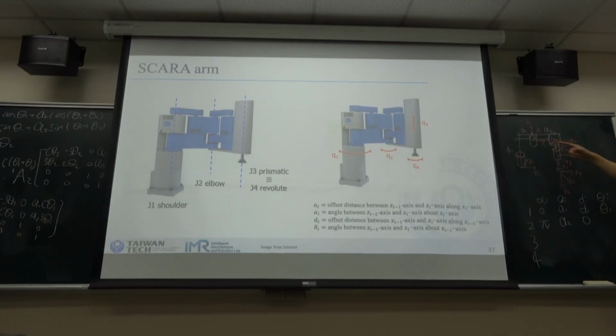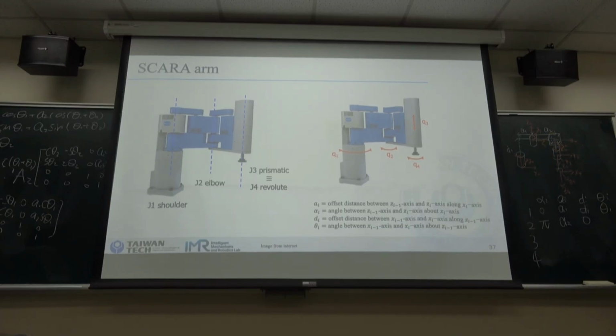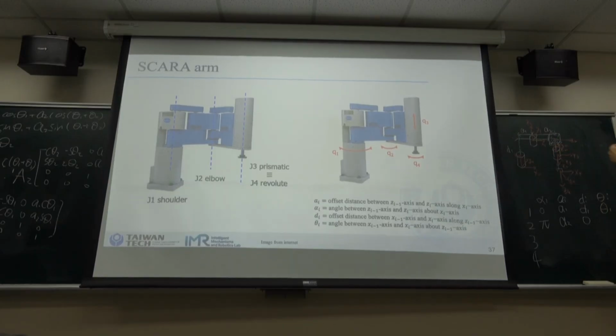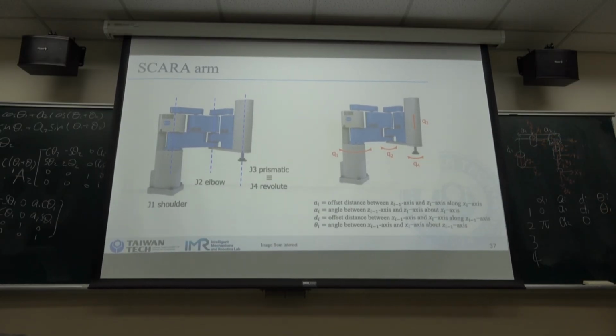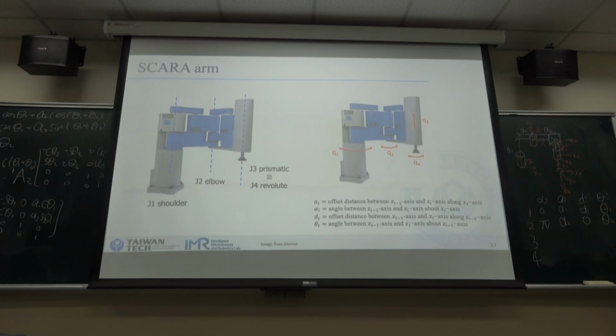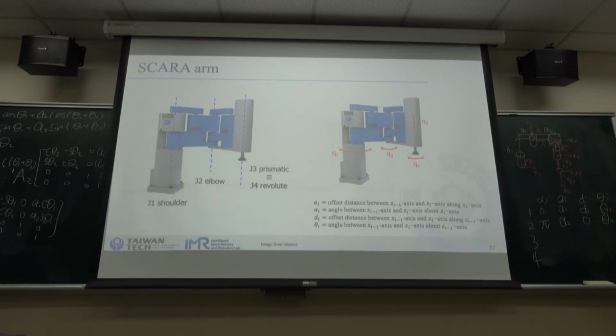Here x1 and x2 are in the same direction, so the difference is 0, but this one is the variable of joint 2. So it's theta.